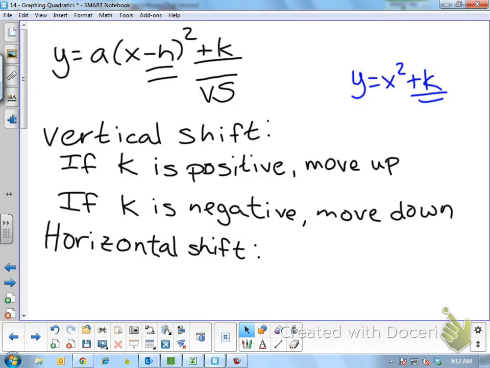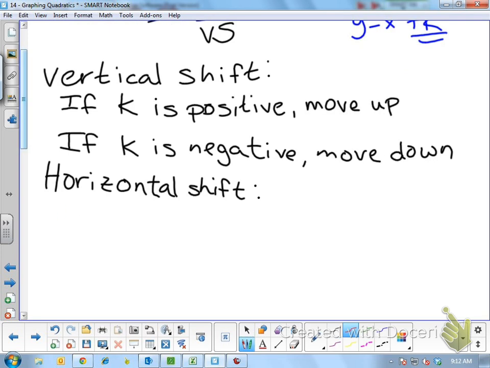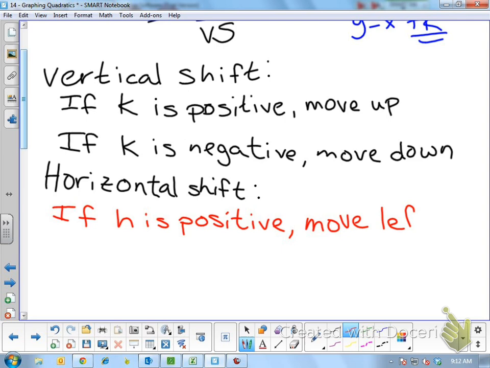So horizontal shift. If h is positive, we actually move left. It's opposite of what we expect. If h is negative, move right.